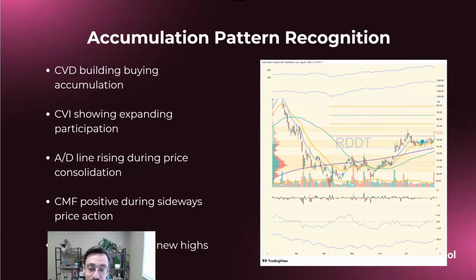So what are we looking for in our indicators to see whether this is going to break up and out, or whether it's going to break down, whether it retests this base or whether it retests the highs? So let's see, we should be seeing CVD building, buying accumulation. So over this handle, this is the period that we want to watch.